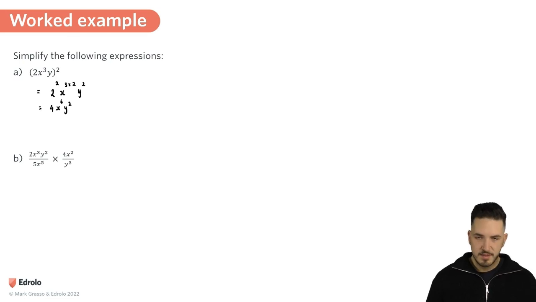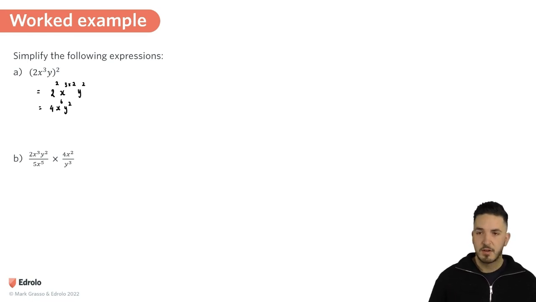Looking at part B, we have 2x cubed y squared divided by 5x to the power of 5, times 4x squared y cubed. There are multiple ways, particularly when you have algebraic fractions, when you multiply or divide them. You can either simplify each side first, or you can do the multiplication and division first, whichever you're more comfortable with.